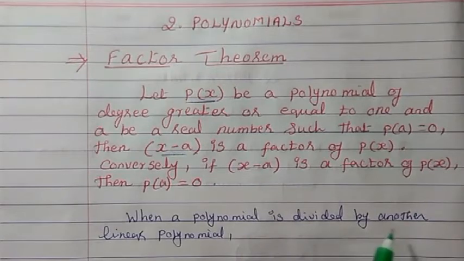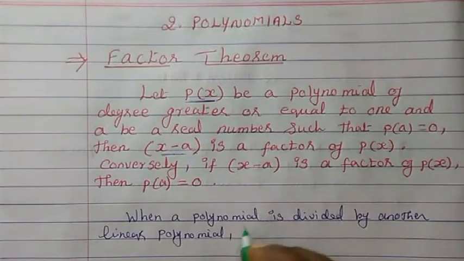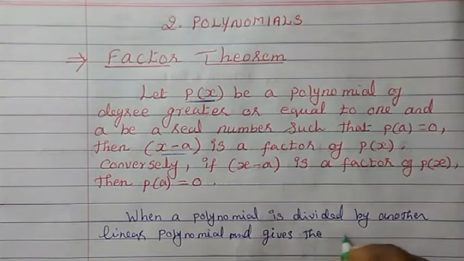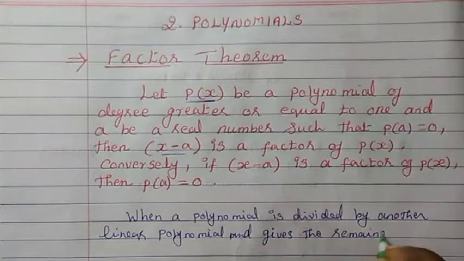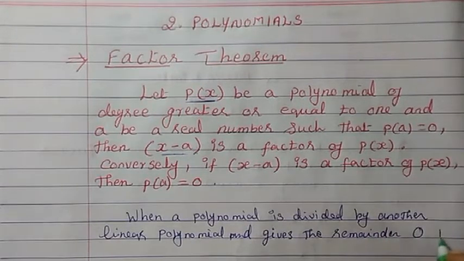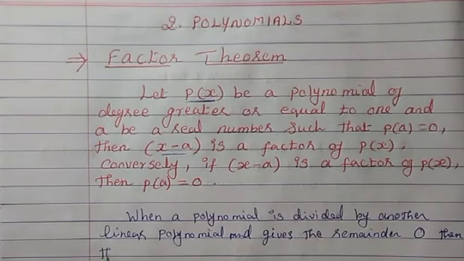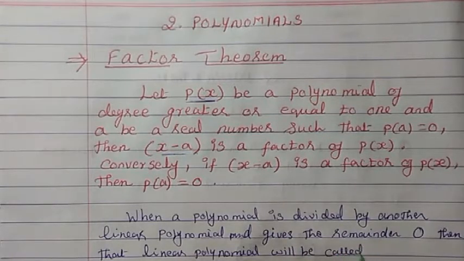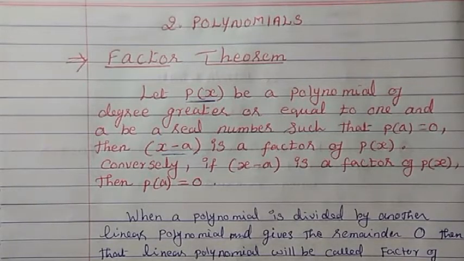When a polynomial is divided by another linear polynomial and gives the remainder 0, then that linear polynomial will be called factor of that polynomial.